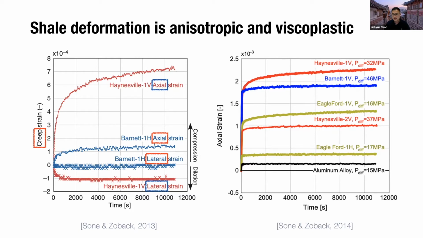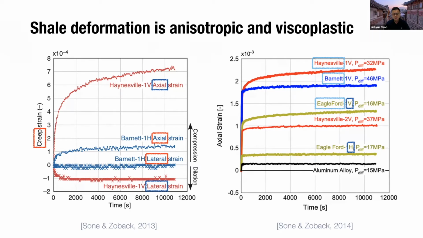The strain developed differently for vertically cored sample denoted by V and horizontally cored sample denoted by H, even under almost the same differential pressure. These behaviors are also different for different shales. So this illustrates that shale is anisotropic, and such anisotropic and viscoplastic characteristics can depend on specific shale types.